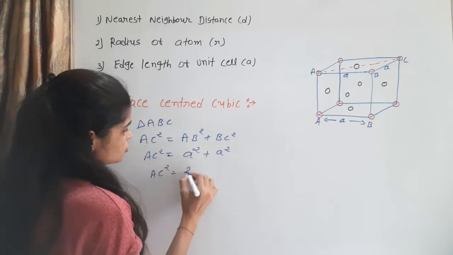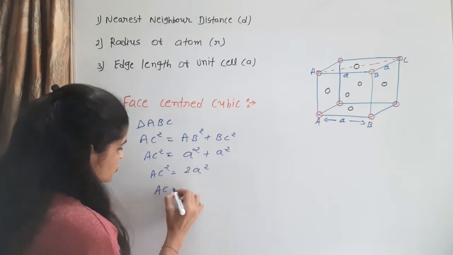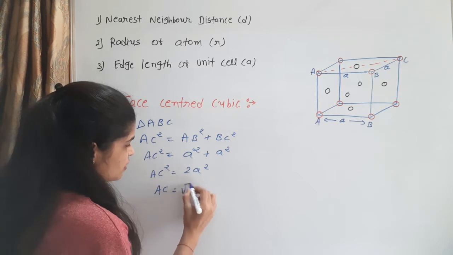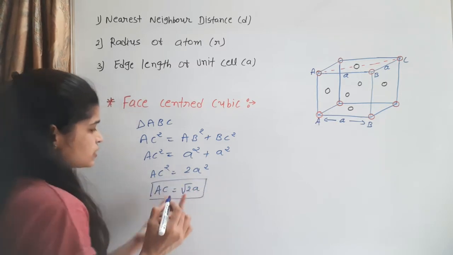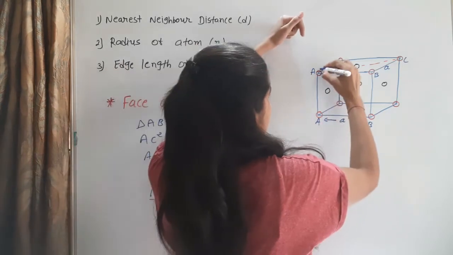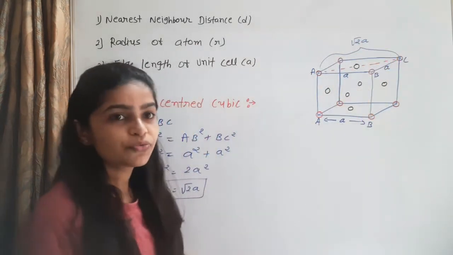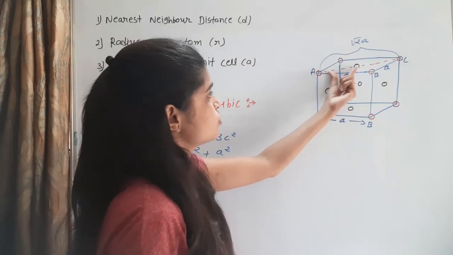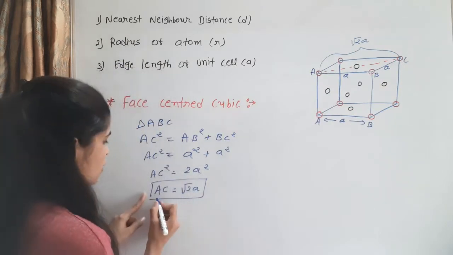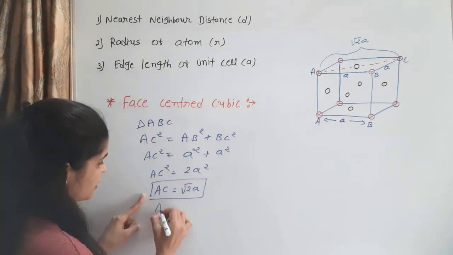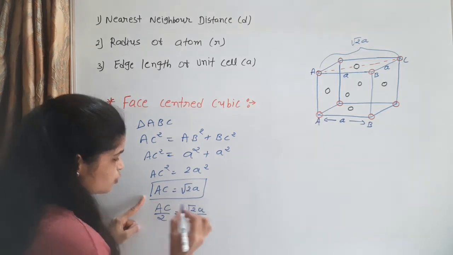AC square is equal to 2A square. Then AC is equal to under root 2A square, that is, under root 2 A. So the total diagonal value is under root 2 A. But the two distances are half of this, so AC by 2 is equal to under root 2 A by 2.